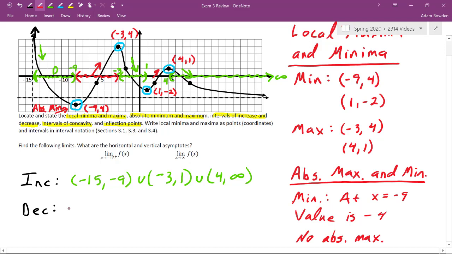So we have one interval of increase as -9 to -3, and another one between 1 and 4. And that tells us all that we need to know about where it's increasing and where it's decreasing.